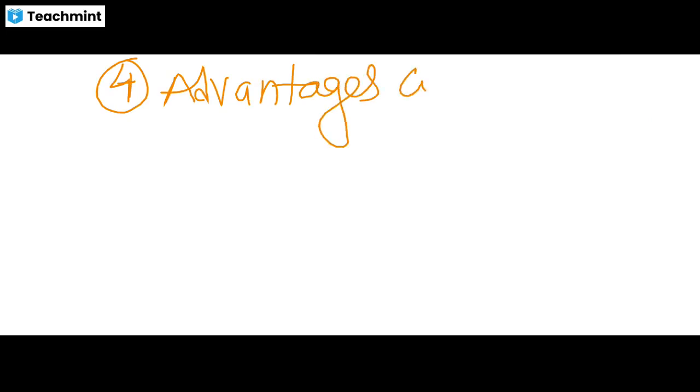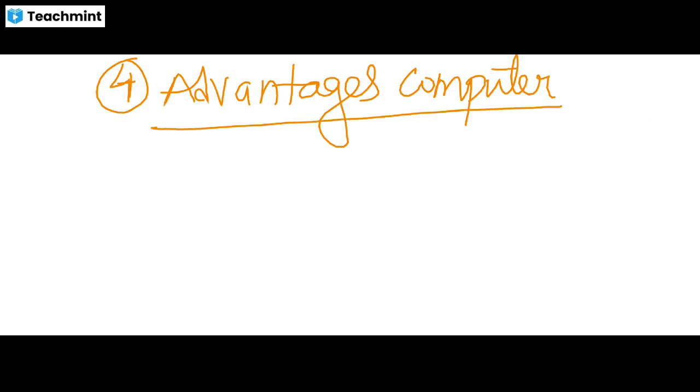What is the fourth topic? Let us see. Fourth topic, it is about advantages of computer. Fifth topic, disadvantages of computer.